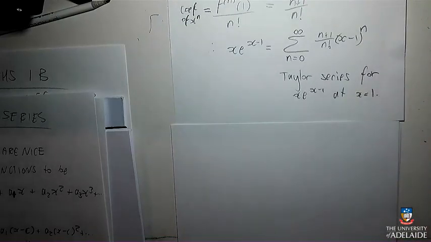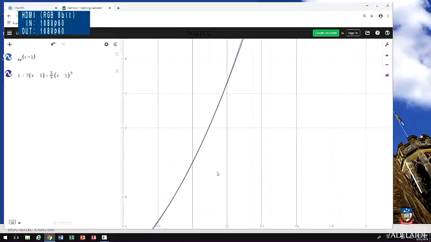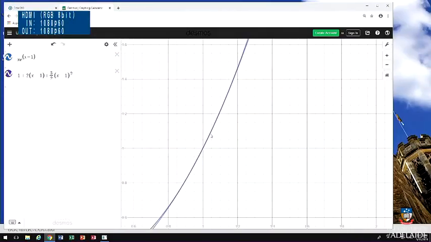Okay, so that's the general idea. The next question we would like to ask is, how close is our Taylor polynomial to the actual answer? So when we had our graph before on the screen, there were some places where you couldn't tell the difference, and it was very, very close.